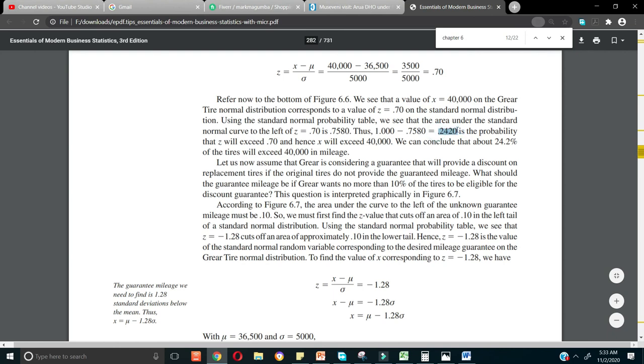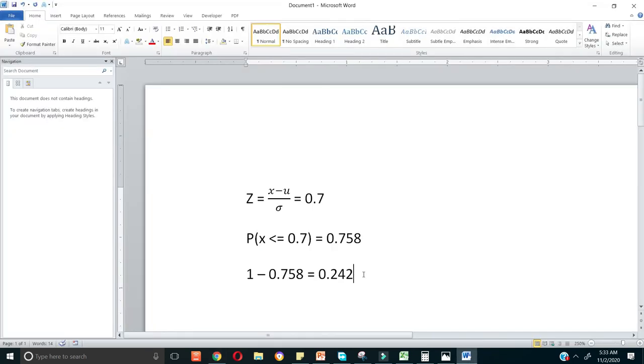Remember, they asked for percentage, so this is going to be converted. You have to be careful about what the question is actually asking for. So 24.2% of your tires are expected to last more than 40,000 miles.